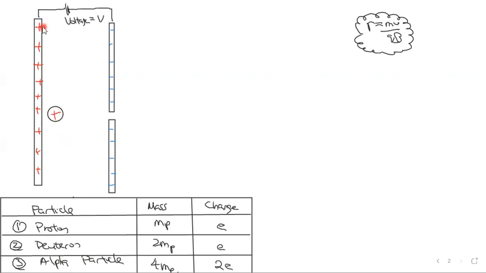And it is then in an electric field. This electric field will accelerate this particle, so it will accelerate towards the negative plate. And then it's going to shoot out of this electric field. Once it shoots out, it will enter a uniform magnetic field, which we will quickly draw in green.